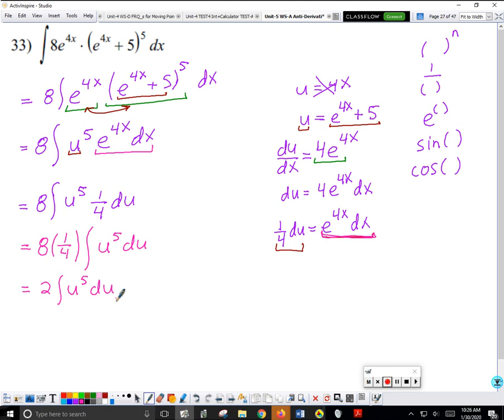Now you have what you want. You started with something very complicated using X. Now you have something really simple using U.